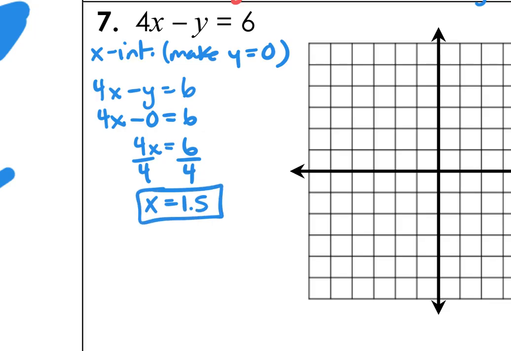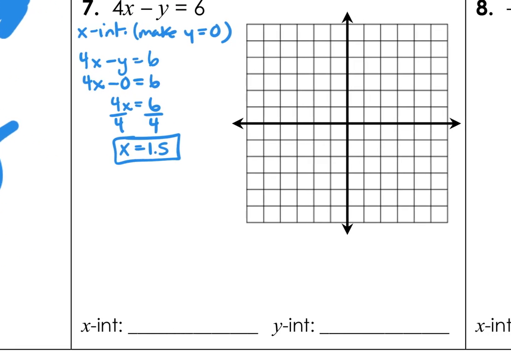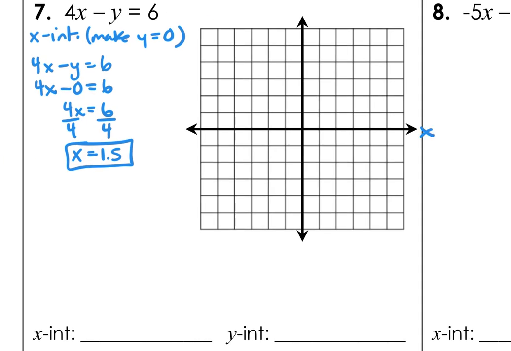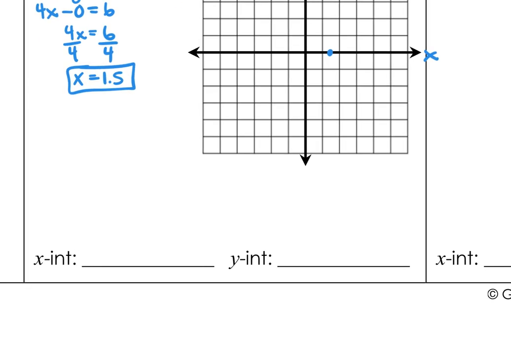How many of you guys got that? Good. If I want to write the ordered pair, now for me personally, I usually don't write the ordered pair because I know, hey, just go to the x-axis and put a point at 1.5. That's your x-intercept. If you want the ordered pair, it'd be (1.5, 0), okay?